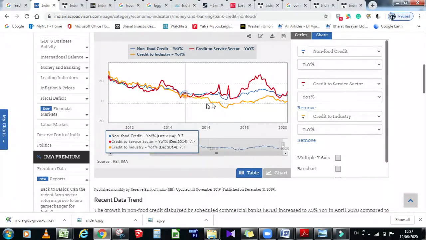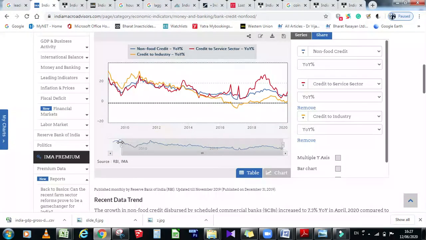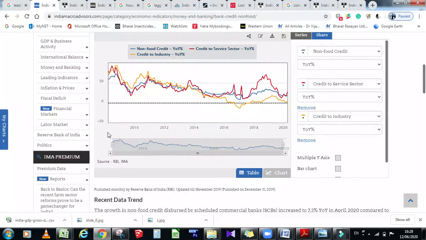When we see this, the highest credit is in 2018, and from there on it has been falling. And if you see, from 2011 also it's been falling, and the data can go back up to 2008. They had been giving credit heavily, and then it fell in 2019.